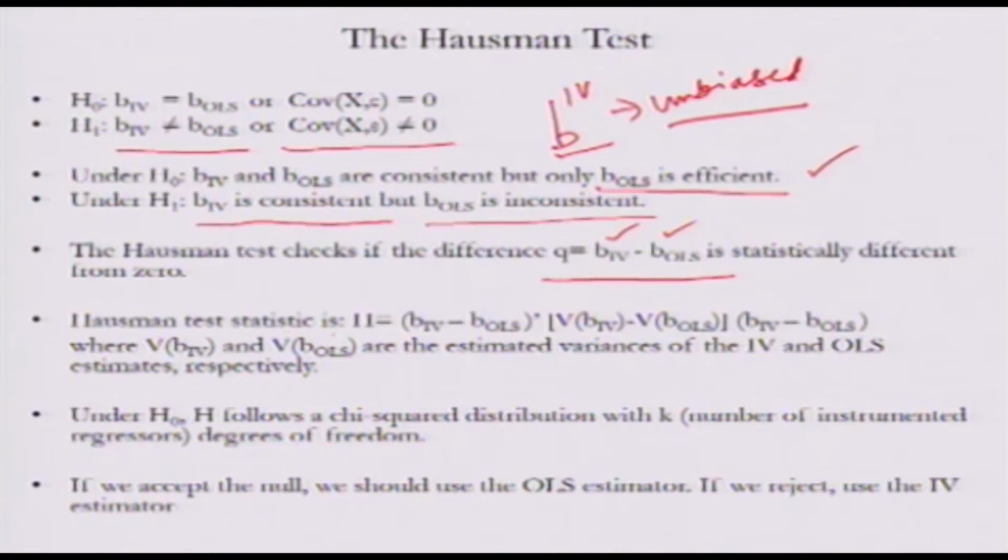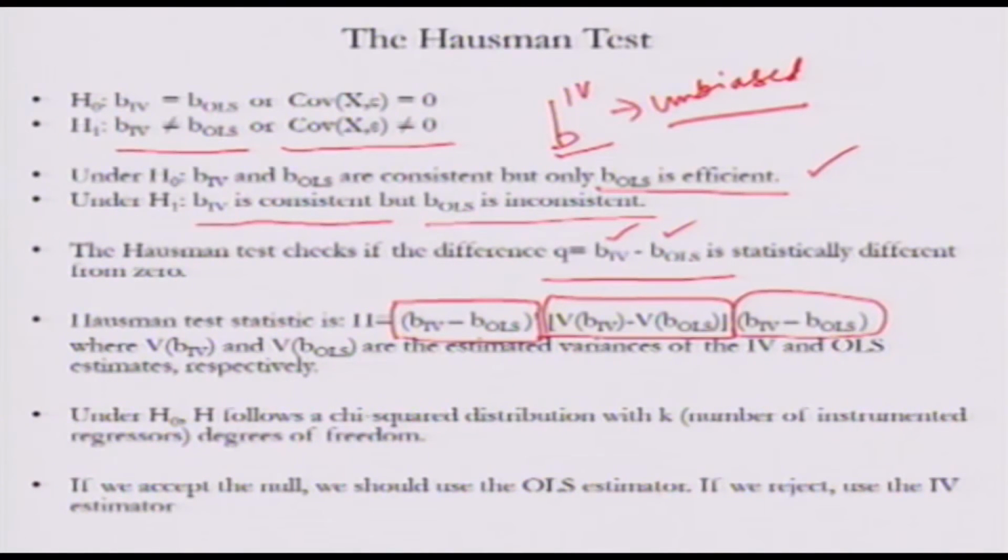So, the Hausman test statistic is nothing but this difference between B IV and B OLS, multiplied by the inverse of the variance of this difference and by the difference again, which gives you the Hausman test statistic.